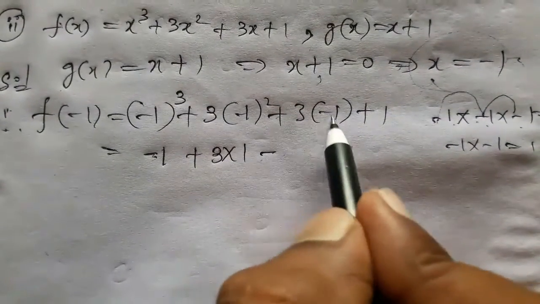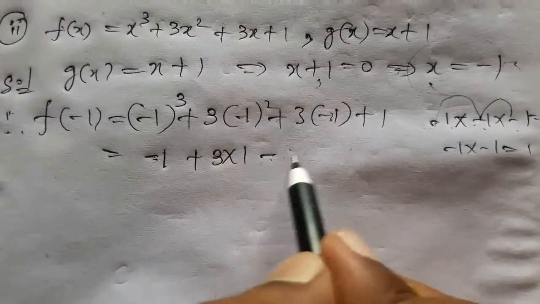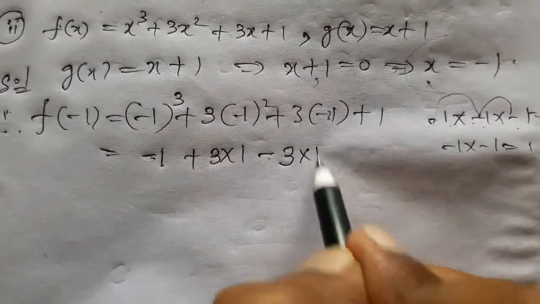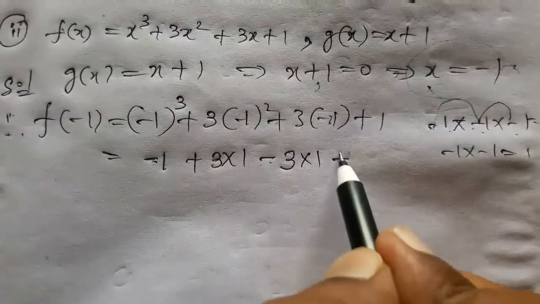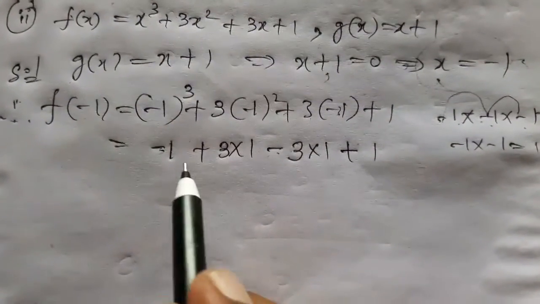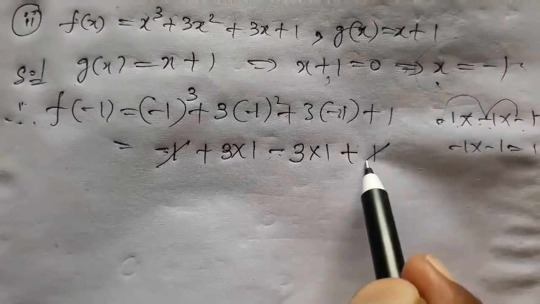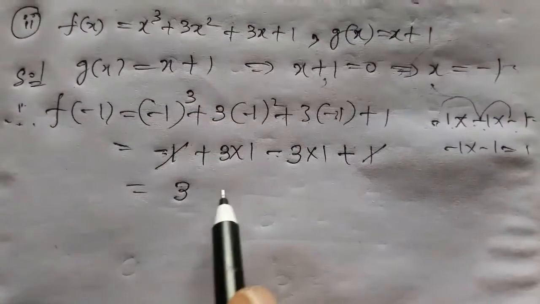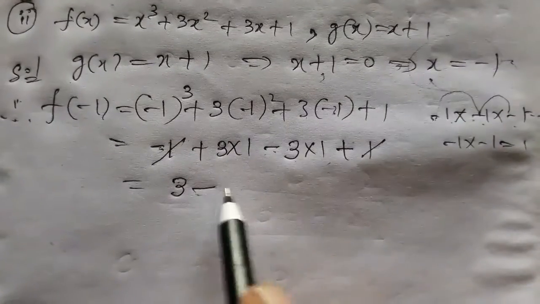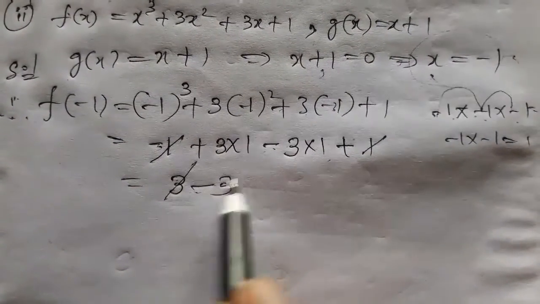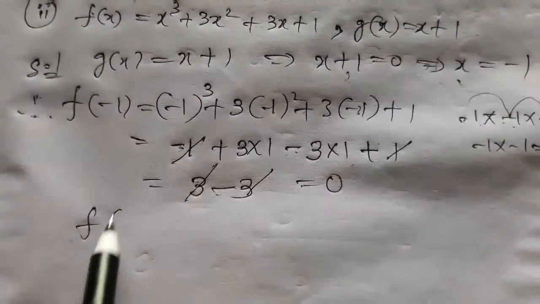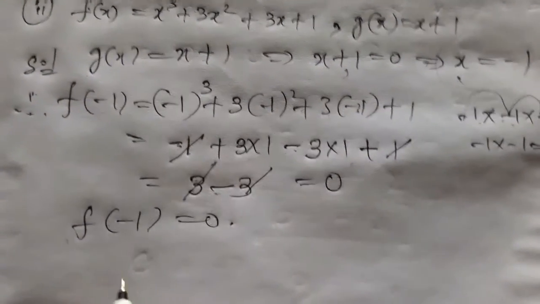Next plus into minus became minus, 3 into 1 becomes 3. Next plus 1. See here, this minus 1 and plus 1 cancel. Now plus 3 minus 3 cancel, what we got? 0. Therefore f of minus 1 is equal to 0.